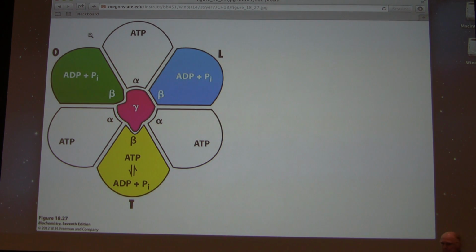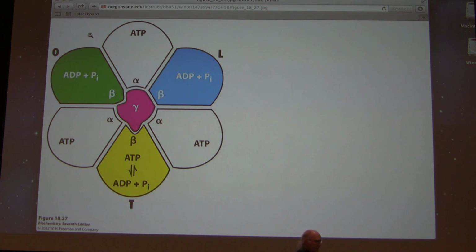Why is that important? Well, it turns out that the beta unit can exist in 3 slightly different forms. One form is called open, one form is called loose, and one form is called tight.